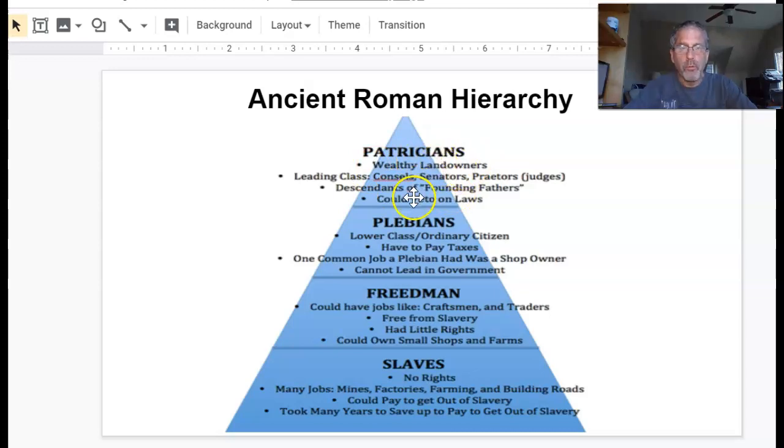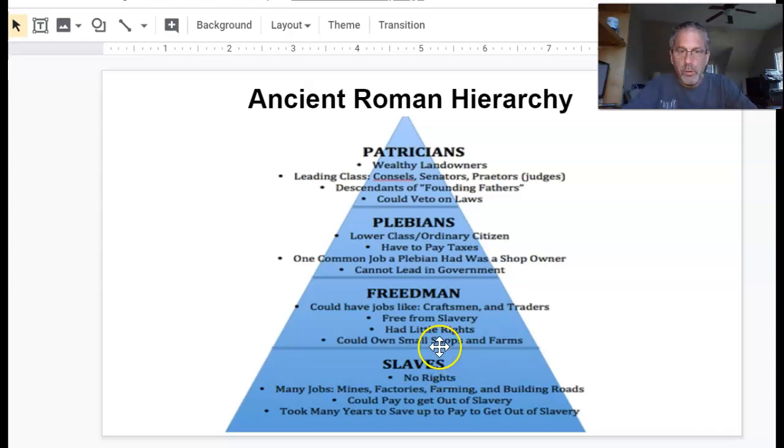And finally, ancient Rome. Patricians were at the top, the wealthy landowners, the leading class. The consuls, the senate, the praetors, who were the judges, descendants of founding fathers, could veto and vote on laws. Plebeians, lower class, ordinary citizens, had to pay taxes. One common job a plebeian had was shop owner, and they could not lead in government.